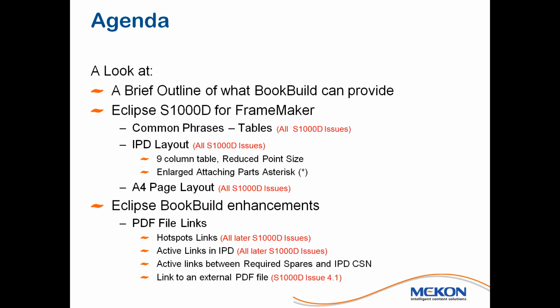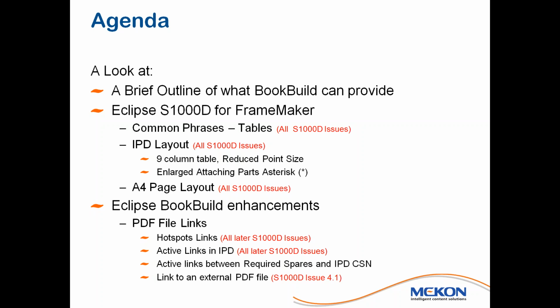And we've actually enlarged the attaching parts asterisk, because once again it's not easy to see what you can see on the screen. The standard asterisk at that size is not very good. And we've added an A4 page layout, which is again flexible, but that's a relatively minor thing.